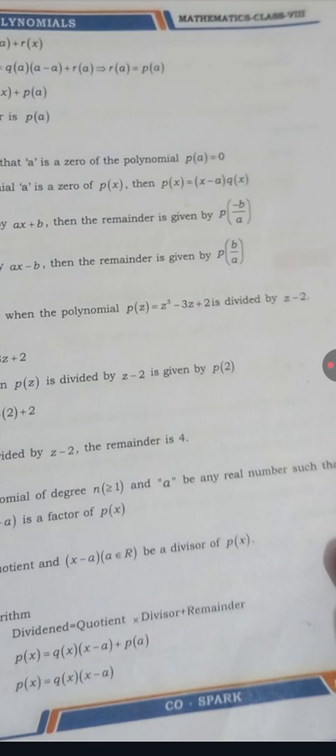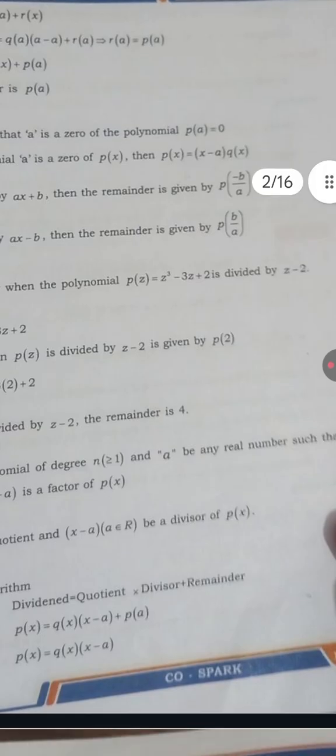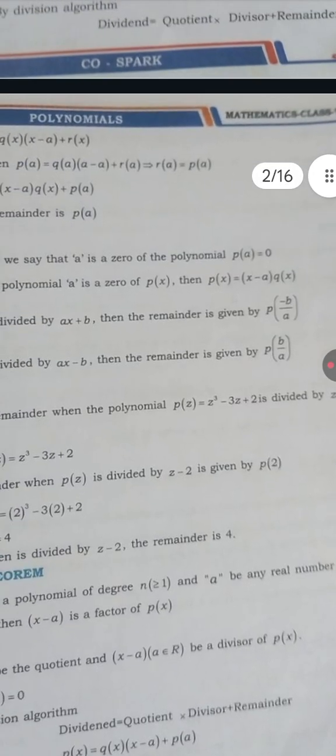Then P of 2 is equal to z cube, which is 8, minus 3z, which is 6, so 8 minus 6 is 2. 2 plus 2 is 4. Understood? P of 2 is 4.